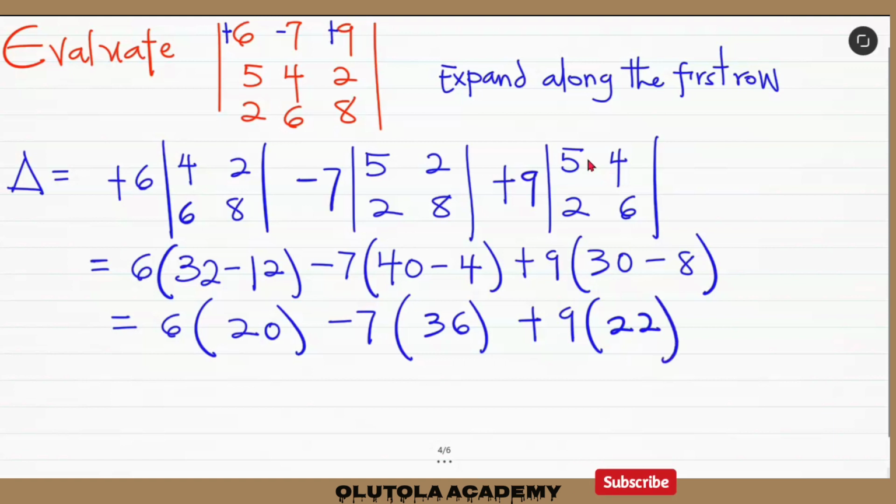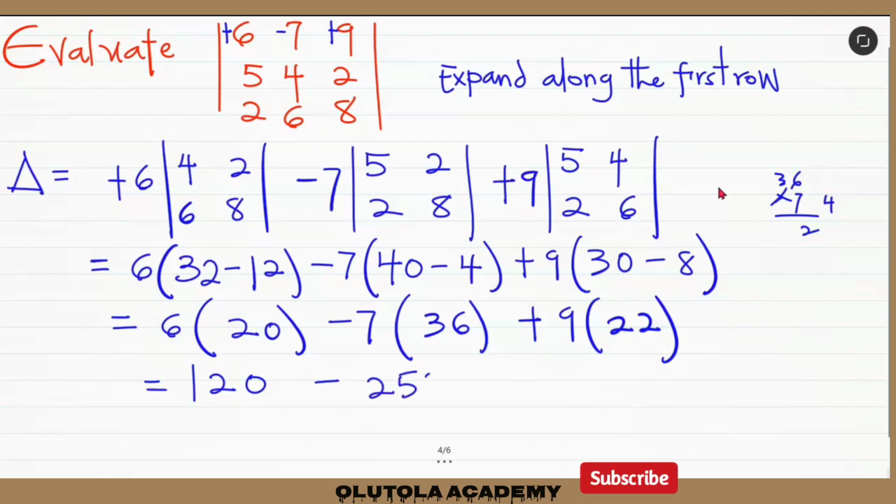So this will give us 120. This will give us 36 times 7, that is 252. Okay, so this will give us 252.